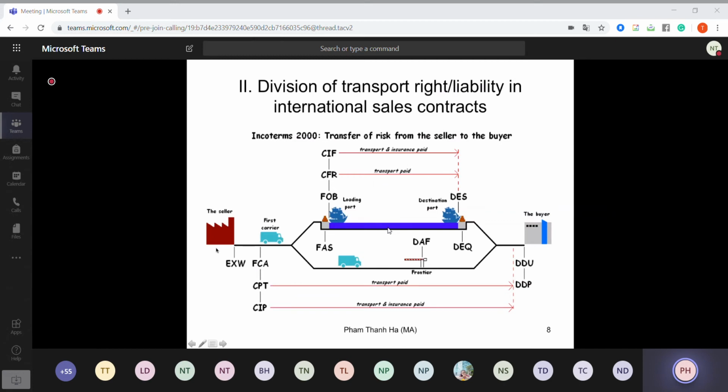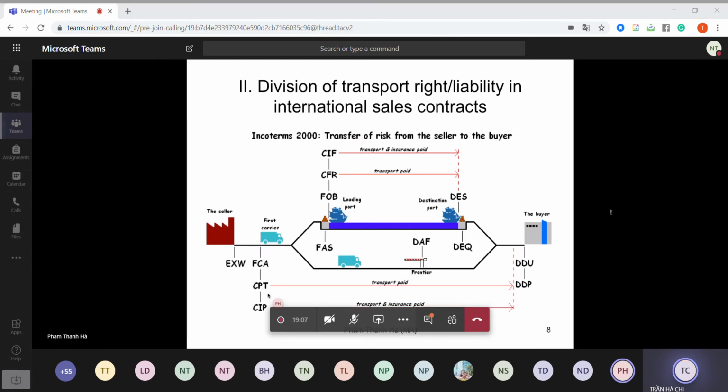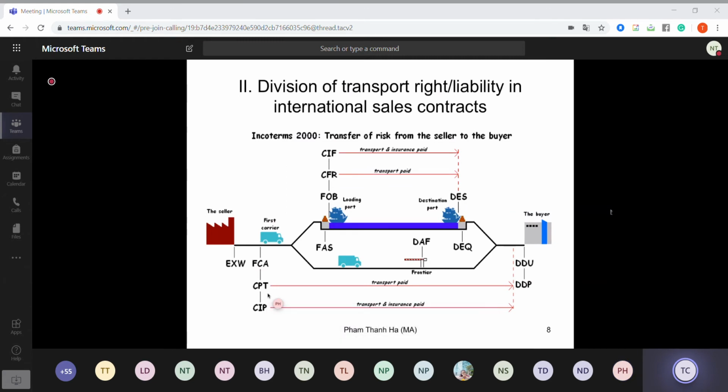So how about the CPT and CIP? Who can explain a little bit about the CPT and CIP? CPT is carriage paid to. With this rule, the seller makes clear to deliver the goods to an agreed point, often the warehouse of the buyer or his customer.